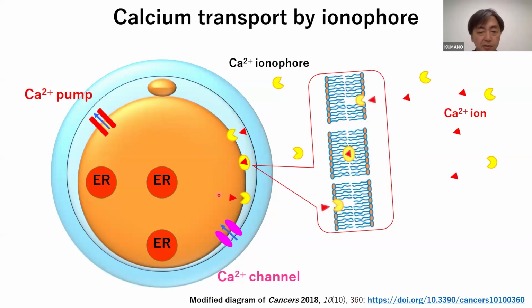And after releasing the calcium ion, a part of the calcium ionophore molecules come into the endoplasmic reticulum, which is a storage of the calcium ion, bind the calcium ion again, and release the ion into the ooplasm. This is the mechanism of how the calcium ion concentration in the ooplasm is increased by calcium ionophore.